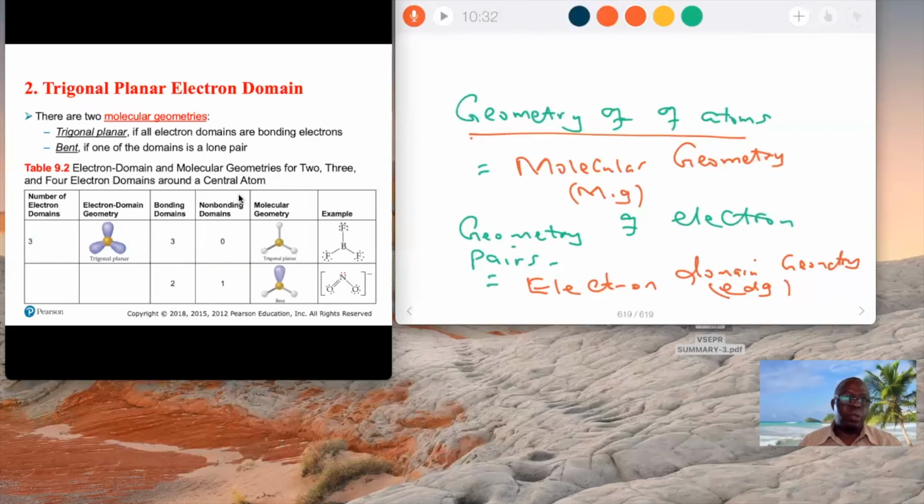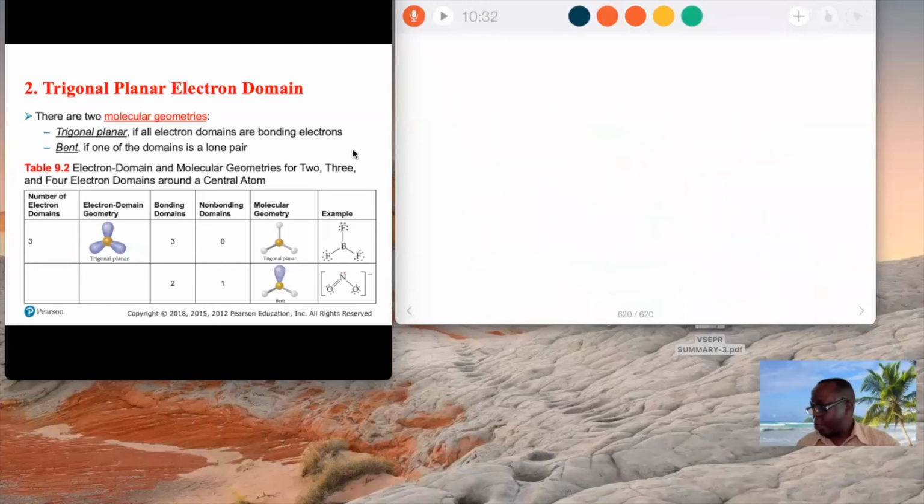So trigonal planar, this is the same as, just using the general formula always. An example of trigonal planar, all right? You may see, let's see, for example, something like this.